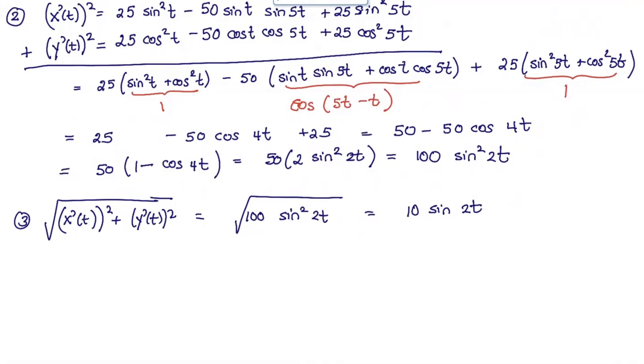In any case, we're between 0 and pi over 2, in which case the sine of 2t is going to be positive. So that means now my arc length is going to be the integral from 0 to pi over 2 of 10 sine of 2t. And remember that that only accounts for 1/4 of my area, so I'm going to need to multiply it by 4. The result is I get 40 times the integral from 0 to pi over 2 of sine of 2t dt.